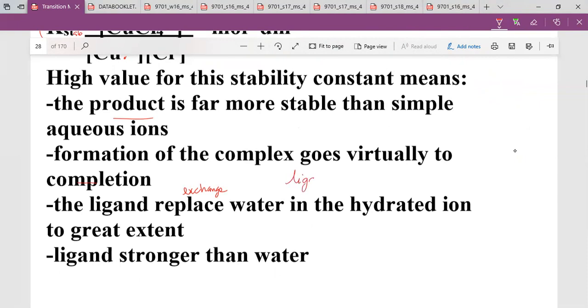I use the most popular term. You can also say ligand replacement reaction or ligand displacement reaction. They all give marks, but I try to use the most popular one. So we say the ligand Cl⁻ is stronger than water, so it kicks the water out.